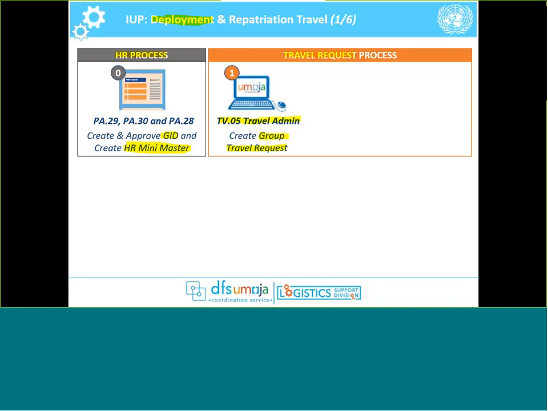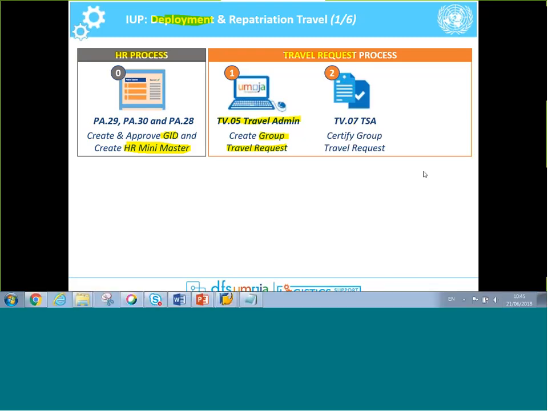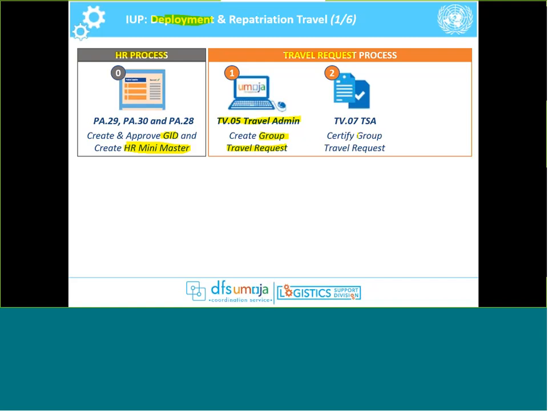This group travel request will appear also as one group travel request for the certifying officer. So the group travel request, when submitted by the travel administrator, will reach the approval work center of the certifying officer, and the certifying officer will be able to approve the travel request as a group.